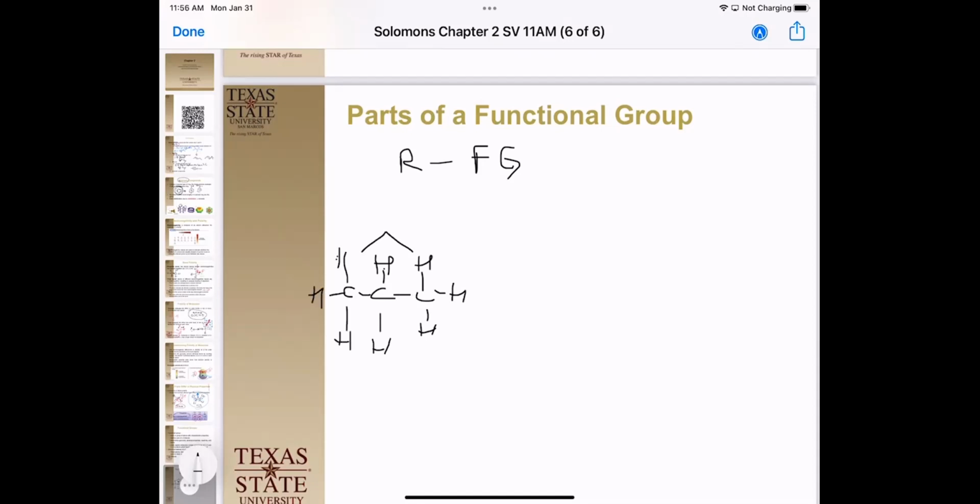So what do we see here? First of all, we have sp3 hybridized carbons. They're each tetrahedral and they have no pi bonds, so it's not an alkene or an alkyne, but it is an alkane. It has no polar groups. It only has sigma bonds. It has no polar groups.